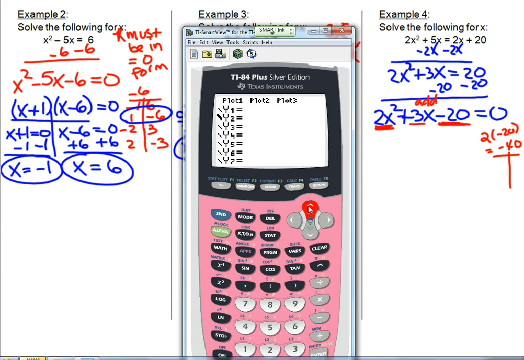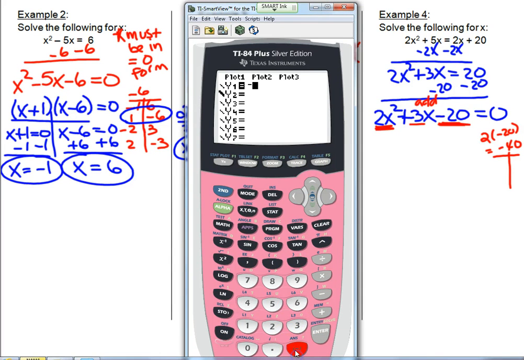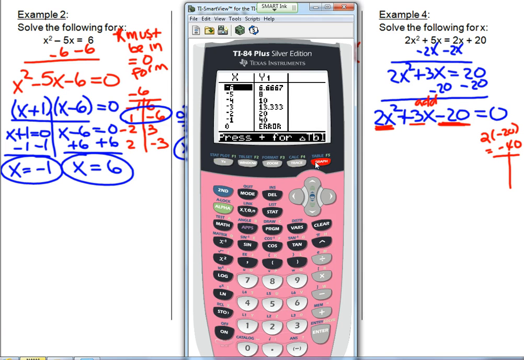So -40 divided by what x number? All right, going to my table, I have to figure out which one adds up to +3. And -5 and 8 multiply to -40, and they add up to 3.